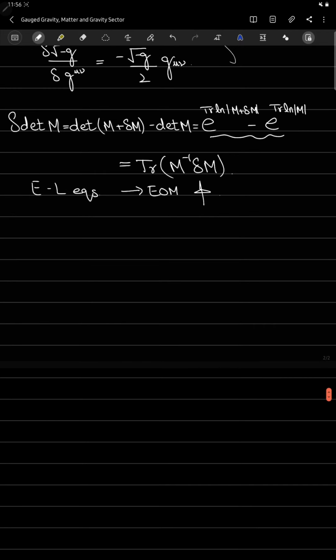If you do that, you can do it as an exercise, you get 1 over square root of minus g, partial mu times the square root of negative g, g mu nu times partial nu plus m squared, equal to 0. Of course, there is a field phi over here, and this is the equation of motion that you get.